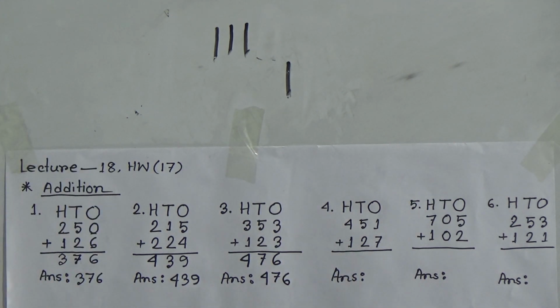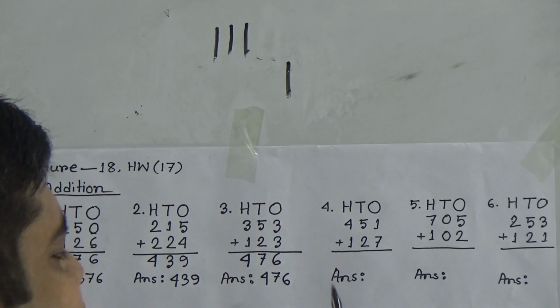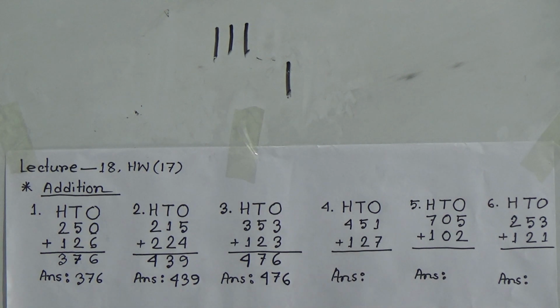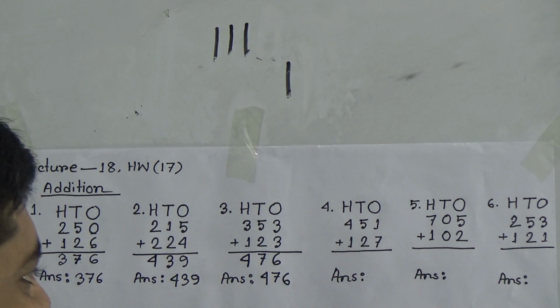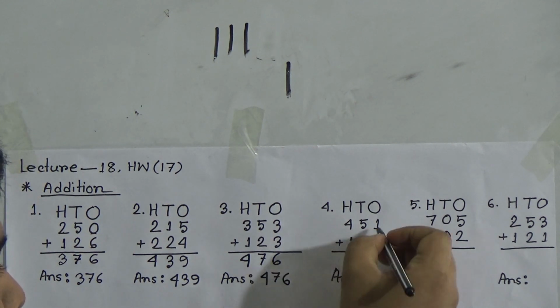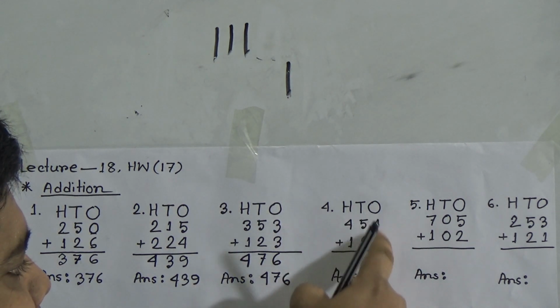Okay. Next, question number 4. Here 451 plus 127. My dear students, at first we add the ones place digits. Here the ones place digits are 1 and 7.